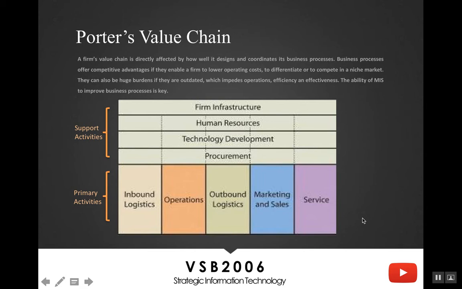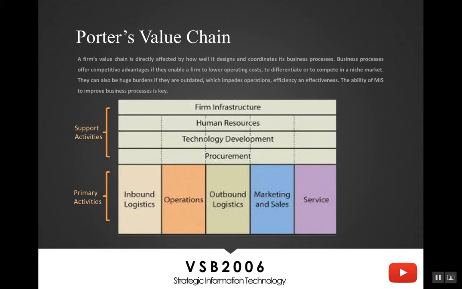But you can also look at Porter's value chain model this way: each one of these blocks is really a set of business processes, which, as we talked about before, are a series of tasks that have an expected outcome.